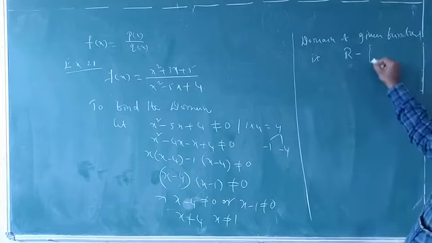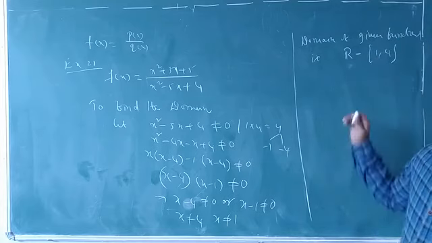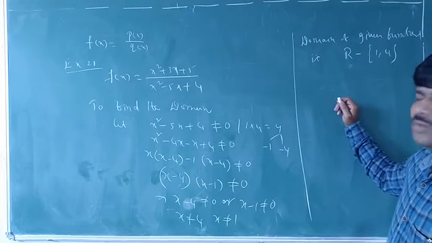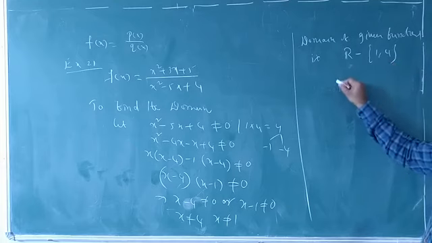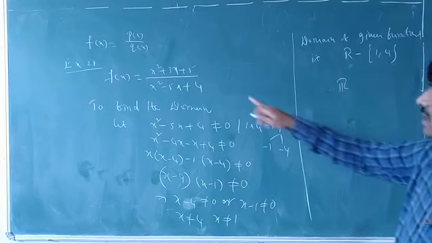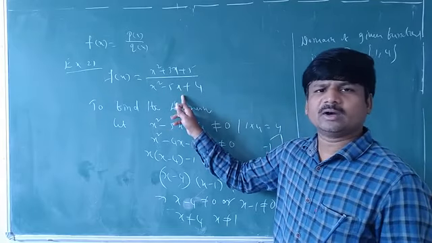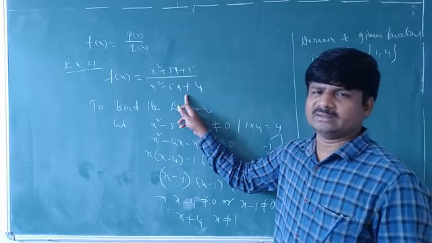Okay, just write it. R minus {1, 4}. So why is it R minus {1, 4}? In R, 1 is there, 4 also will be there. If you take 1 and 4, this function's denominator becomes 0, that means the function is not defined, which is wrong.